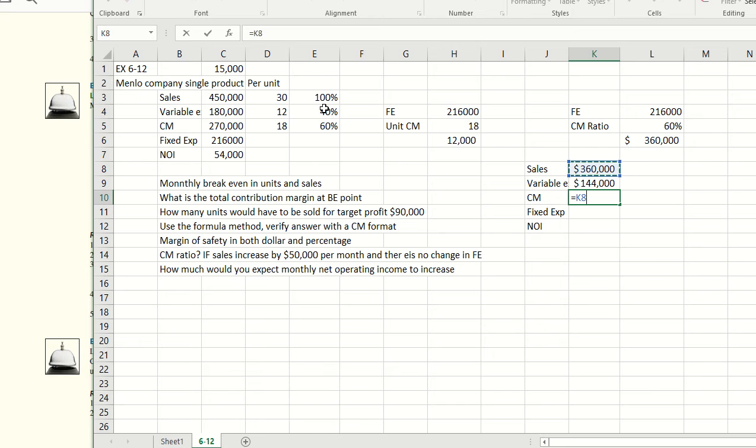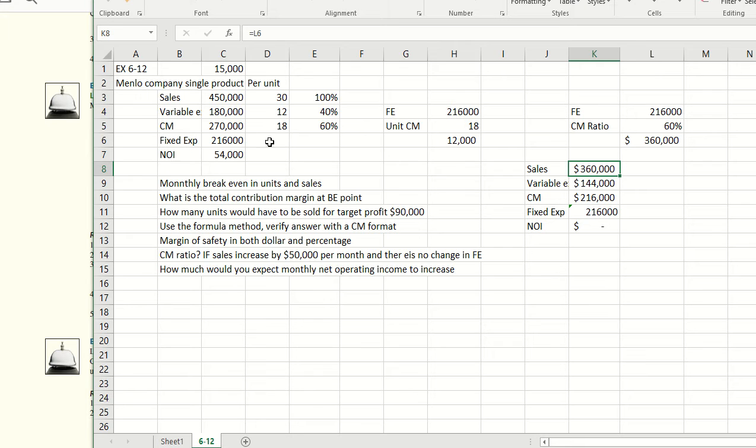And then I could do this minus this, assuming this was within the relevant range. Fixed expenses are 216,000, and it does look like I am breaking even. So with that many units, the 12,000 units at $30 per unit, I'd be making $360,000 worth of sales. So we answered number 1.